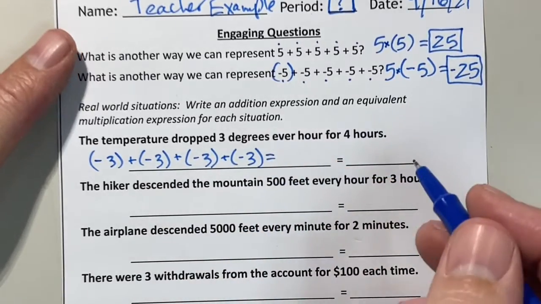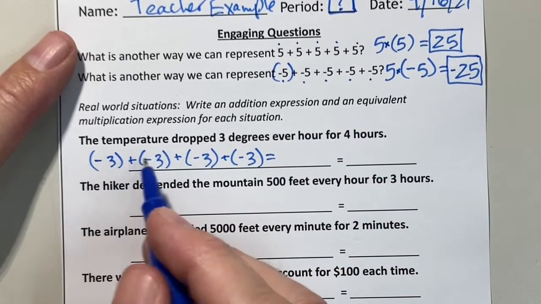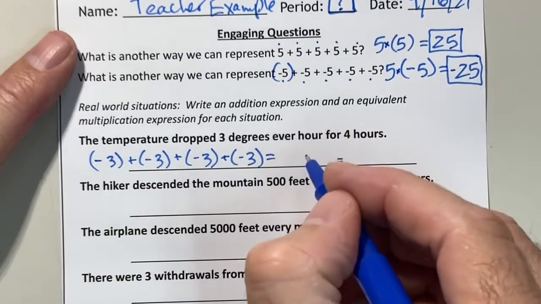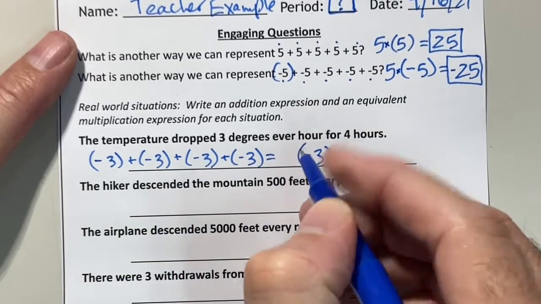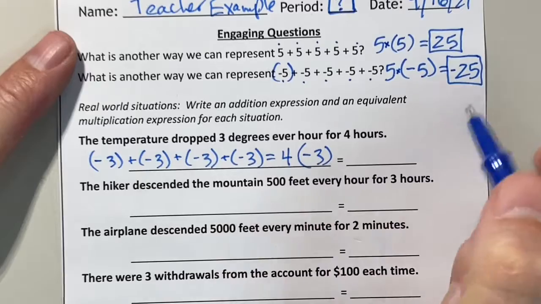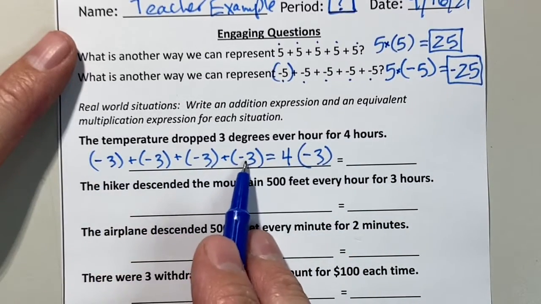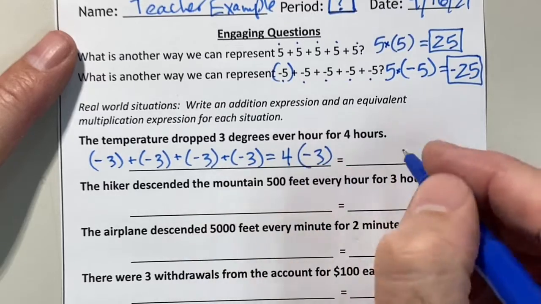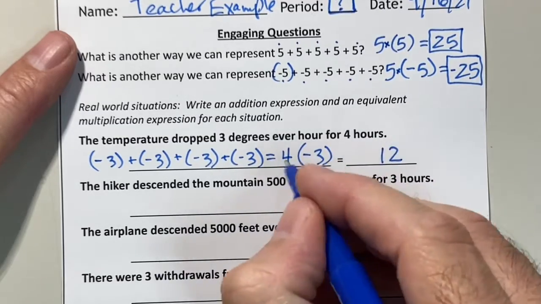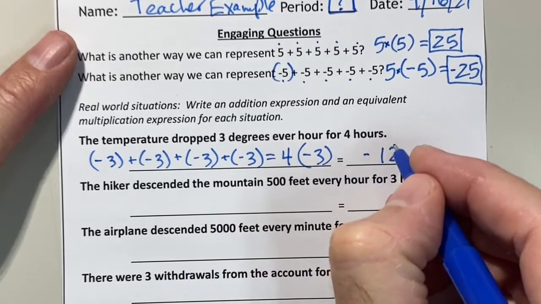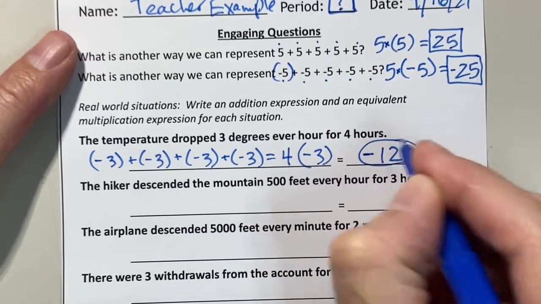So this is equal to -3 times 4. It went down 3, 6, 9, 12 degrees. 4 times 3 is 12, and the temperature is going straight down, so that would be -12 degrees.